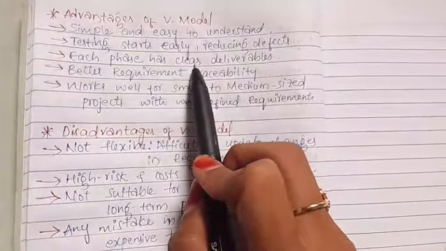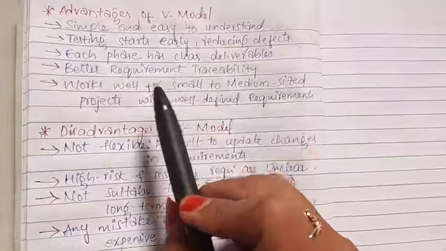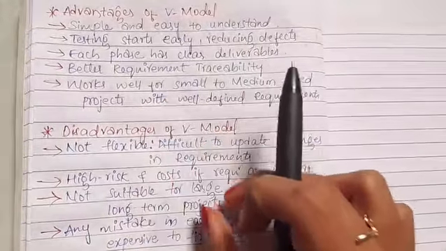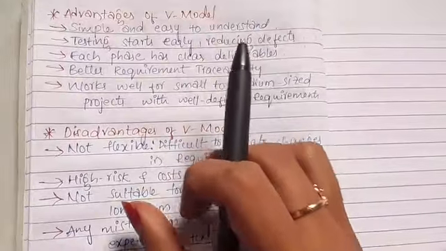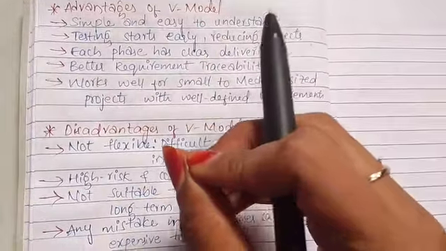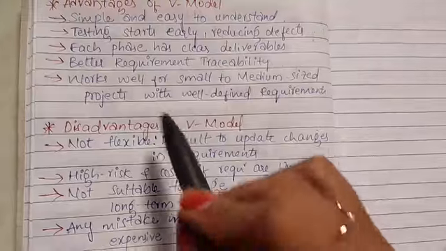And each phase has clear deliverables, meaning we can see each phase separately with its deliverables.